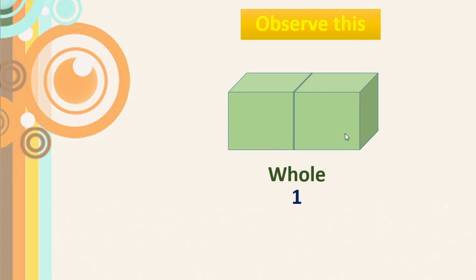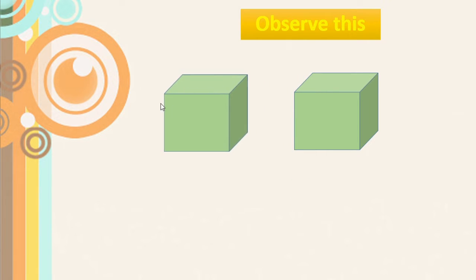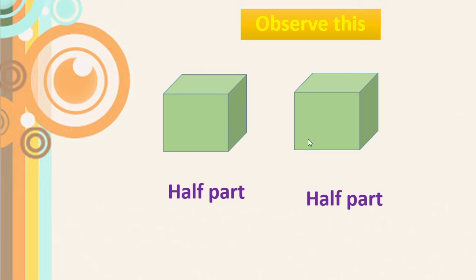Both these pieces are exactly alike. Correct? Now these pieces are called half part and this is also half part. Means they are the fraction of that whole box. Got this? Half part means they are exactly same. Nothing more, nothing less. Okay?